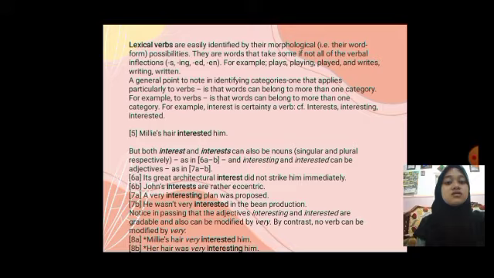Notice in passing that the adjectives interesting and interested are gradable and can be modified by very. By contrast, no verb can be modified by very. Number 8a, Millie's hair very interested him. Number 8b, Her hair was very interesting him.